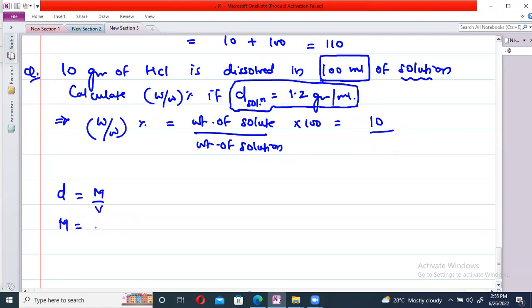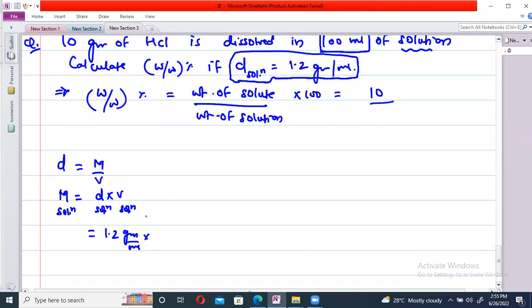Now mass is equal to density into volume. Mass of solution is density of solution into volume of solution. Density of solution is 1.2 gram per ml into volume of solution, see beta, 100 ml. ml gets cancelled. It is equal to 120 gram. So 120 gram is the mass of solution.